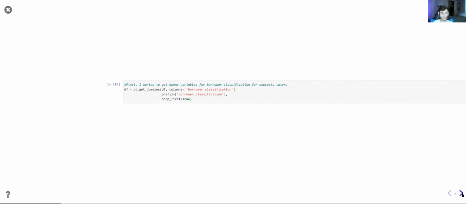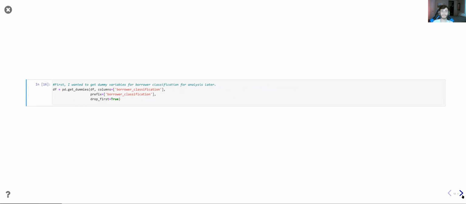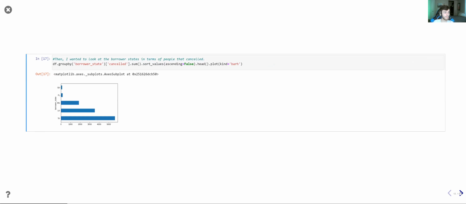Then into exploratory data analysis, I wanted to first get dummy variables for borrower classification. It felt like looking at those different values to see whether potential cancellations were substantial in that regard was going to be important. Then moving into checking on borrower state and canceled, we can see that the most popular states that were being canceled in were Texas and Louisiana and Minnesota.